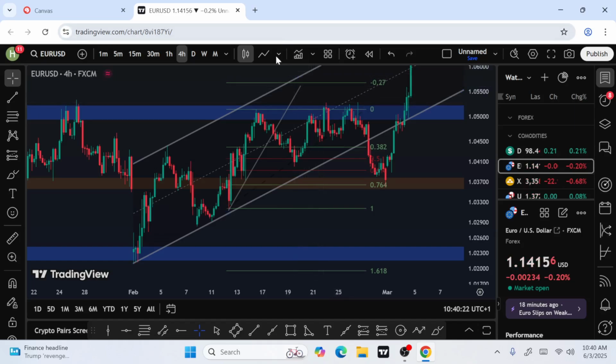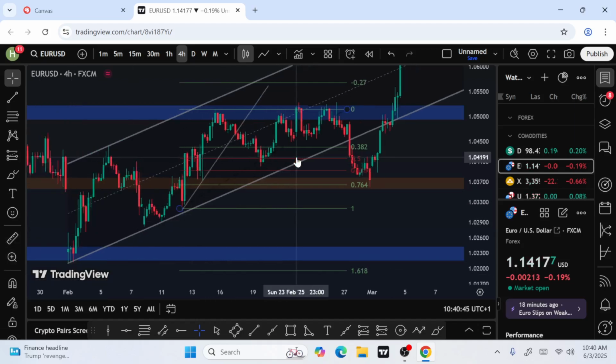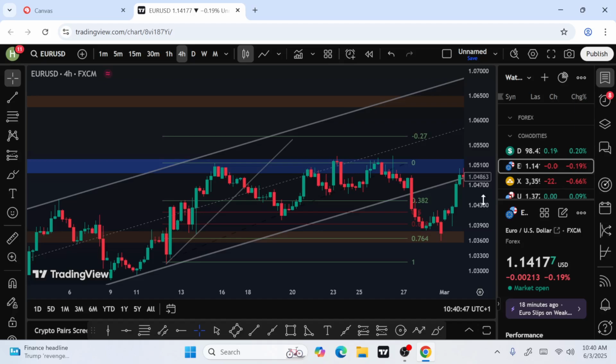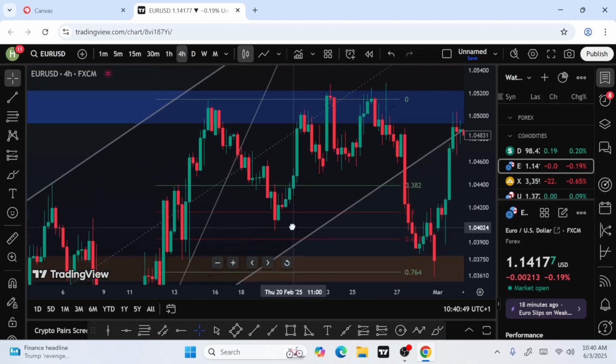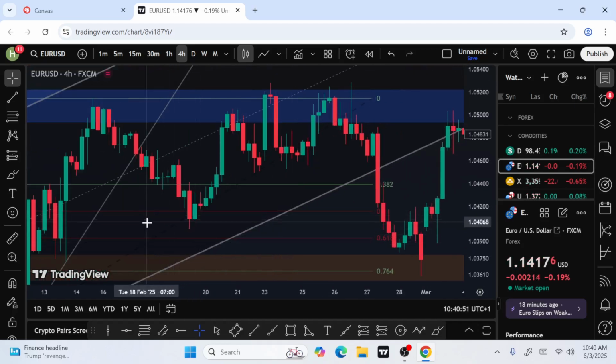This body closed above the body of this red candle. So if this buying momentum did not close above this candle, then there's every tendency that this market continues to go down. Are you seeing it now?